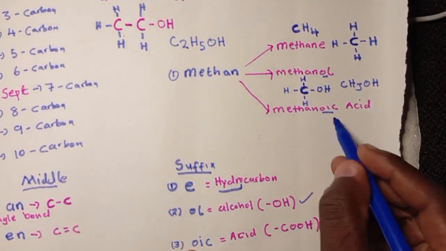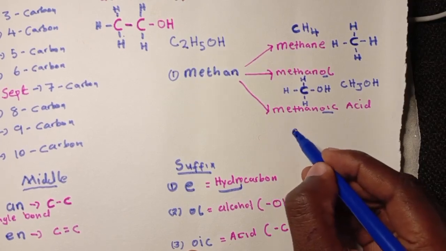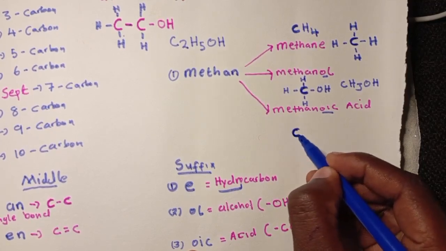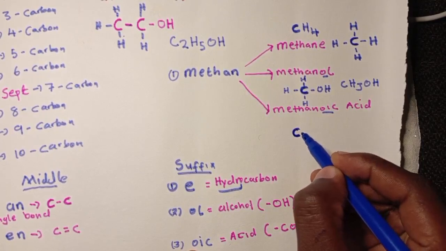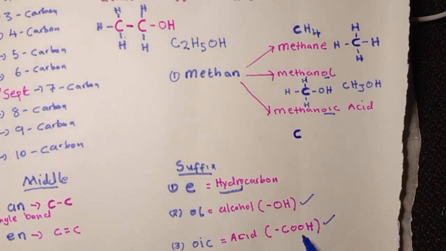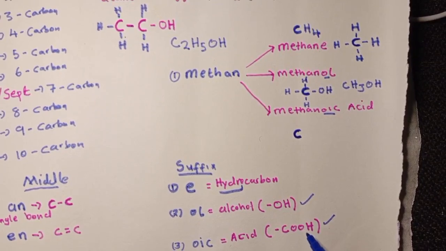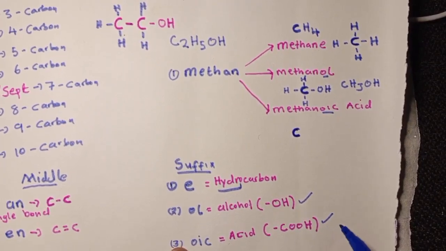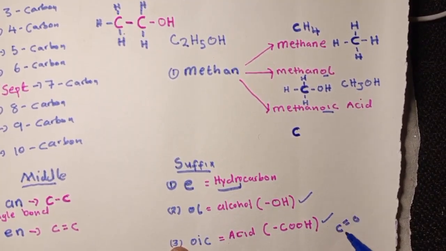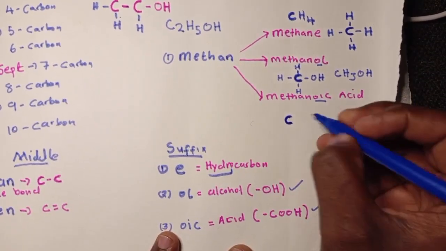Now let's look at this one here. Meth means 1 carbon. Now for this particular one, this oic here is written like this. So we're going to add it here.